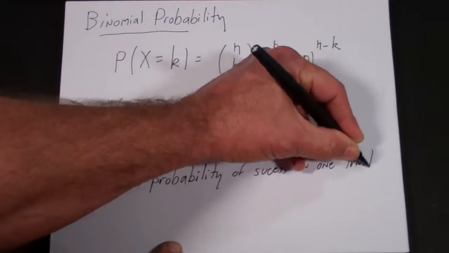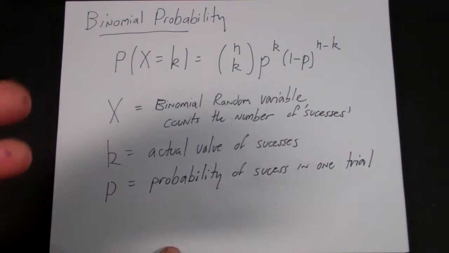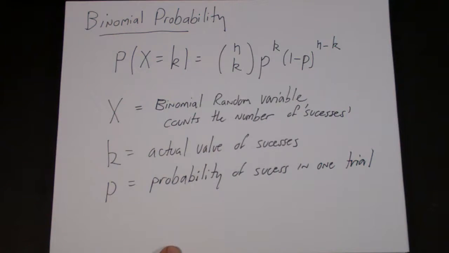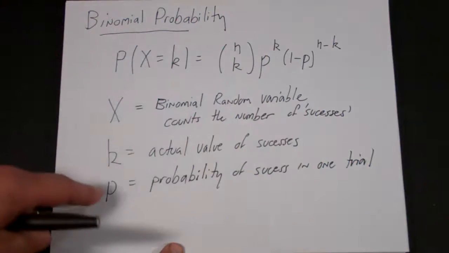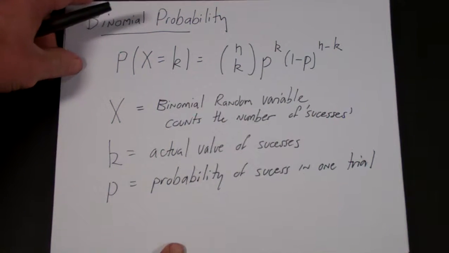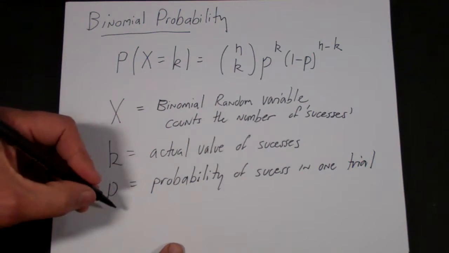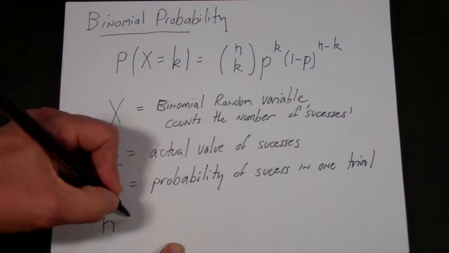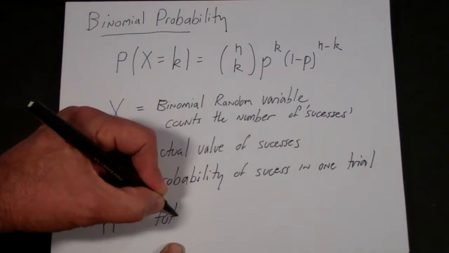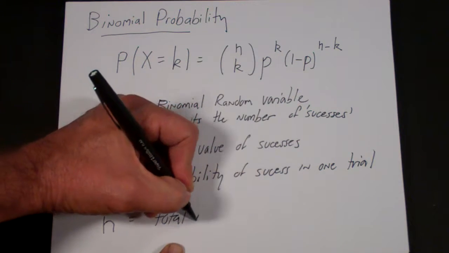Again, if you're flipping a coin, p would be 50%. If you're rolling a die and you wanted to roll a 3, then there's a 1 in 6 chance of rolling a 3, so p would be 1/6. And n is the total number of trials. Remember, that's set beforehand.